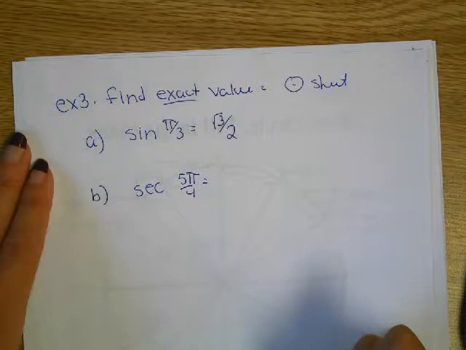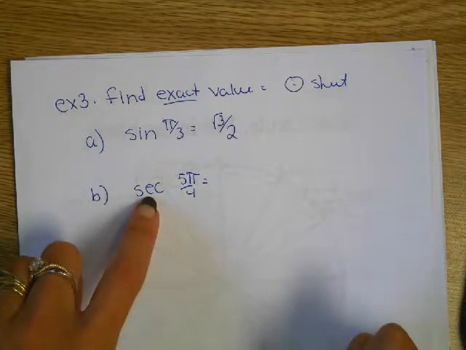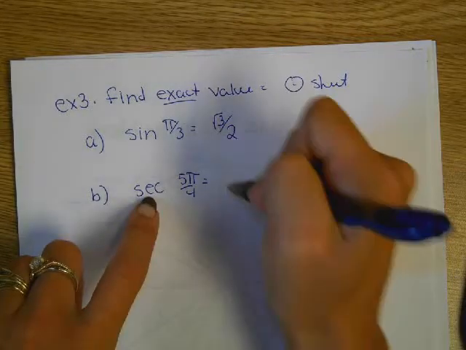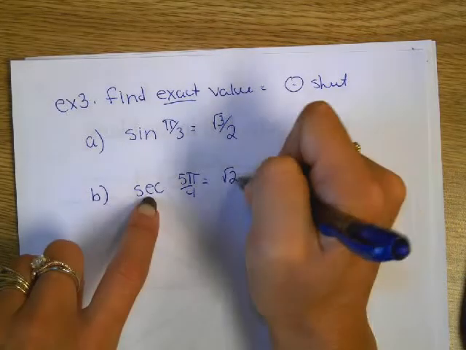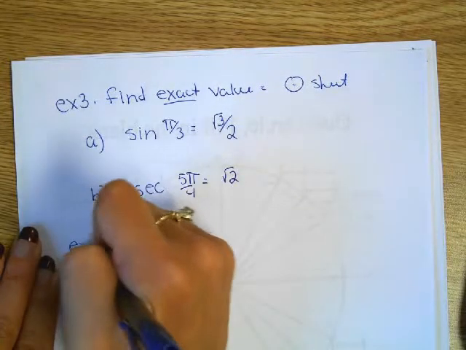Find your 5 pi over 4. Look at the part that's going to give you the secant. And again, I don't have my circle sheet out, and I definitely can't memorize it. Isaac? In agreement? Okay.